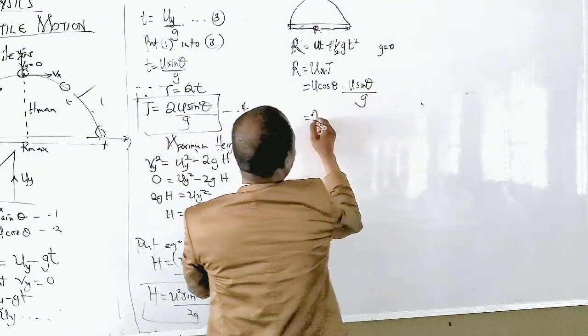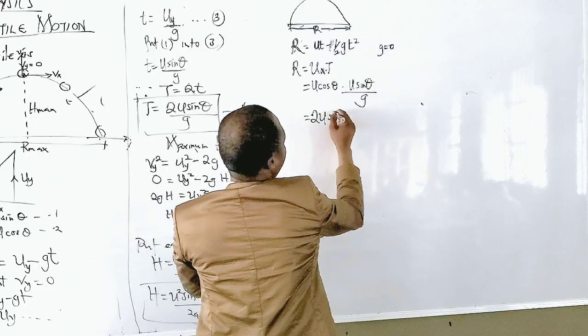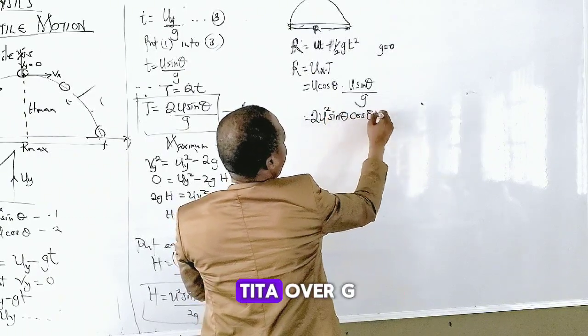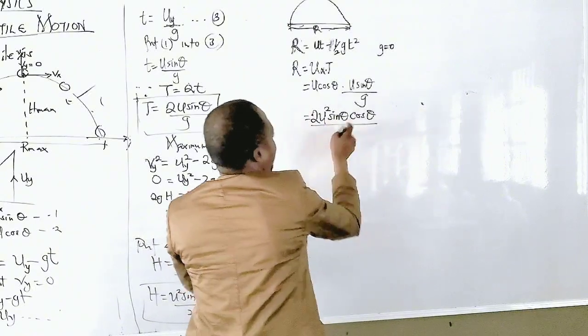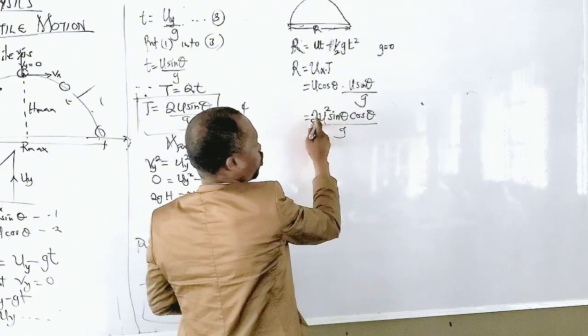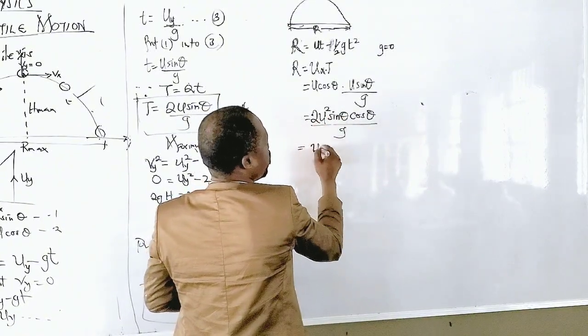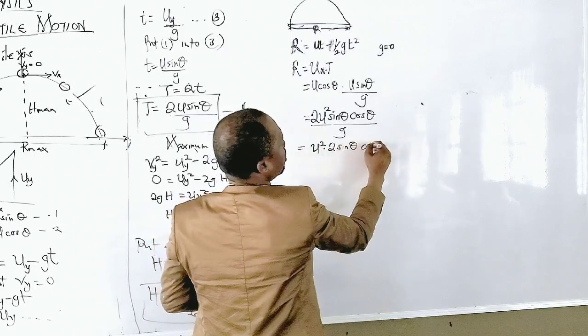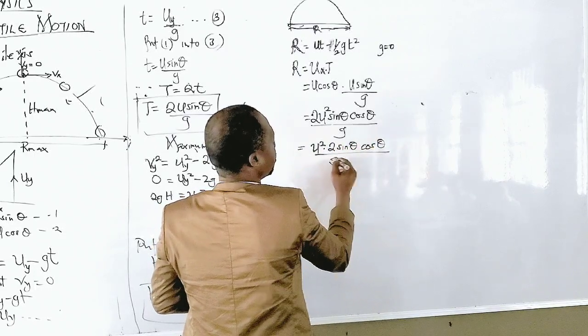So we have 2u squared sin theta cos theta over g. I can bring this 2 inside and say this is u squared times 2 sin theta cos theta over g.